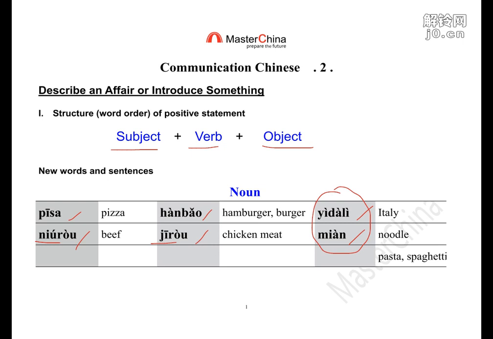But let me make clear here, it doesn't mean that you can separate any word into individual syllables, because if you separate verbs, adjective, adverb, this kind of way doesn't work, because if you separate, no meaning at all.